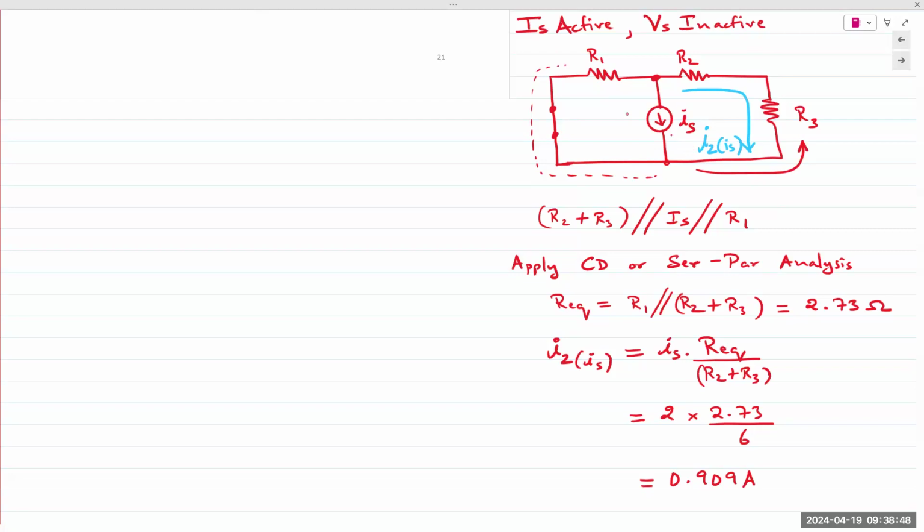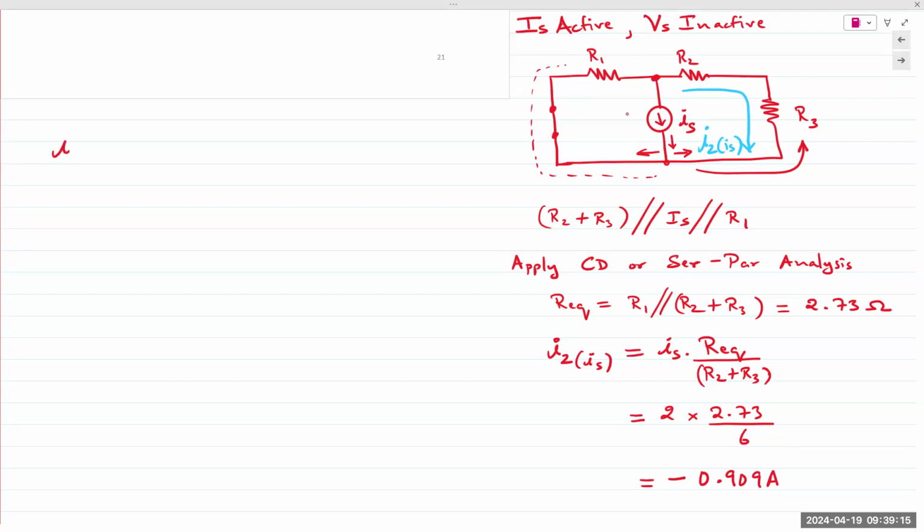Okay. So current comes down here, splits in two. Some of it flows through R1, some of it flows through R2 and R3. The value of the current that flows through R2 and R3 is 0.909, but it's flowing in the upwards direction. And so, as somebody just stated, it is minus 0.909 amps.